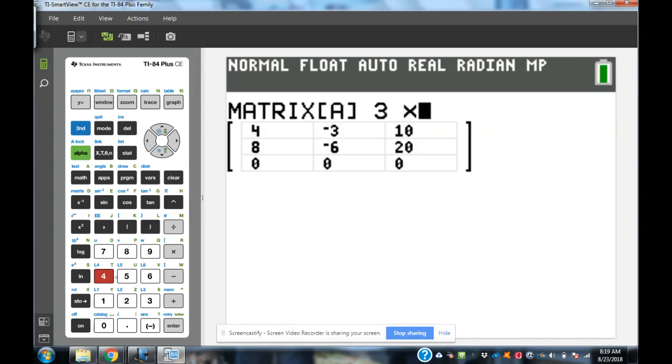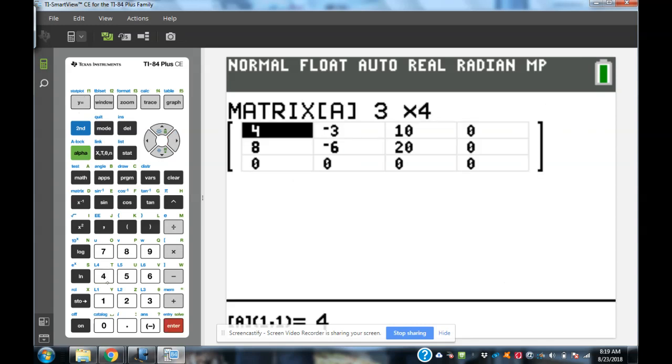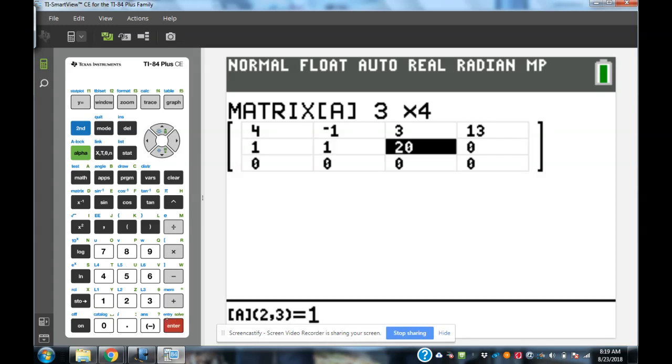Three by 4, 4, negative 1, 3, 13, 1, 2, 17.